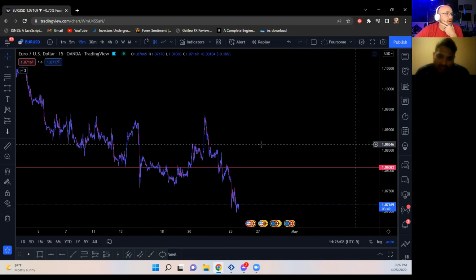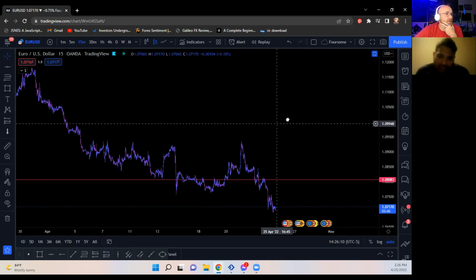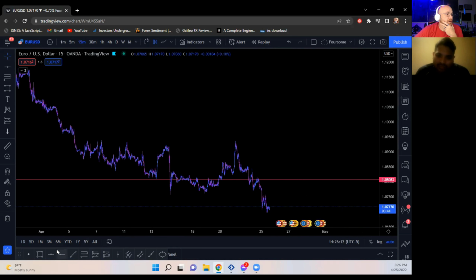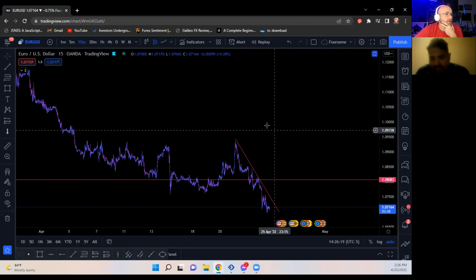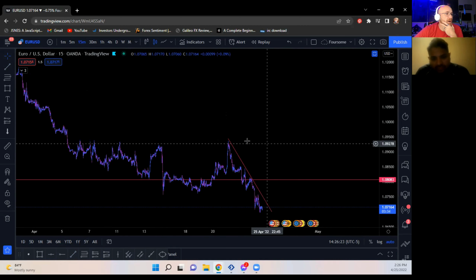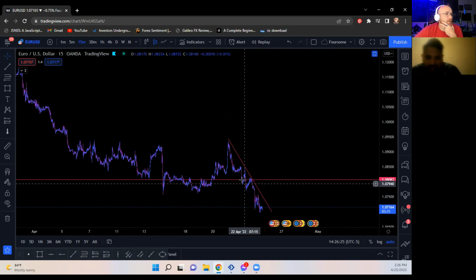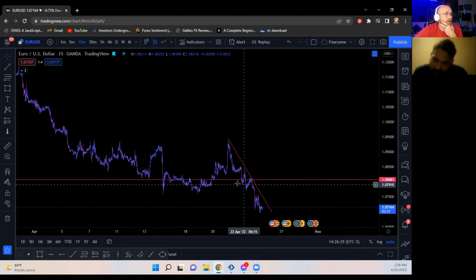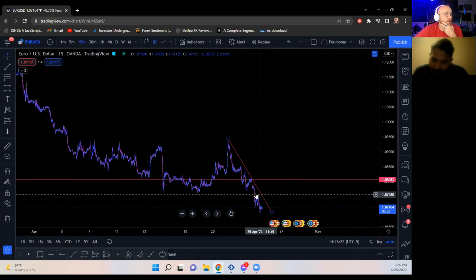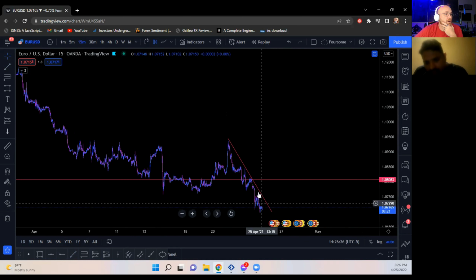Our most recent downtrend is this one right here, and it's getting steeper. So we have a lower high, lower low, lower high, lower low, lower high, lower low.